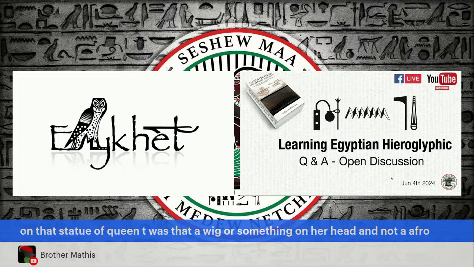Unfortunately, I'm not prepared to answer your question. I have to relook at that because I don't want to get mixed up on whether the bust itself is a wig or not.